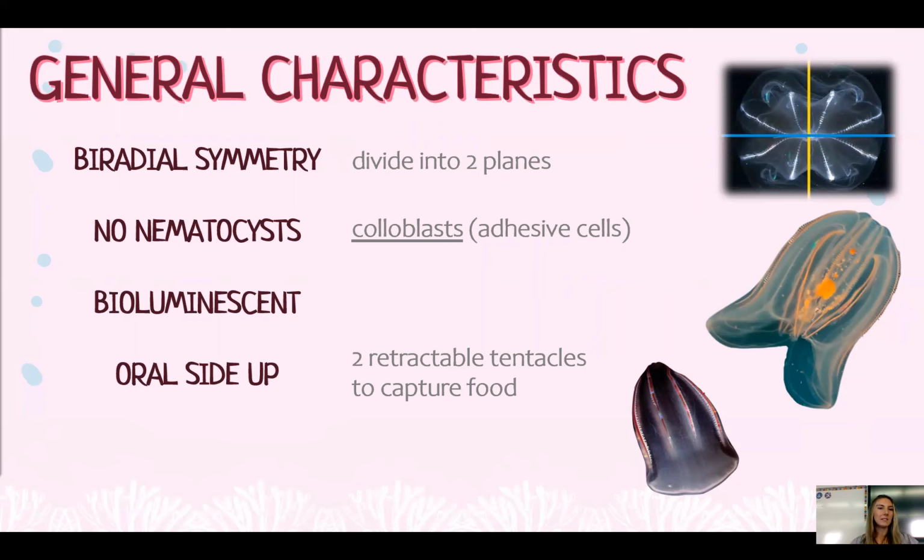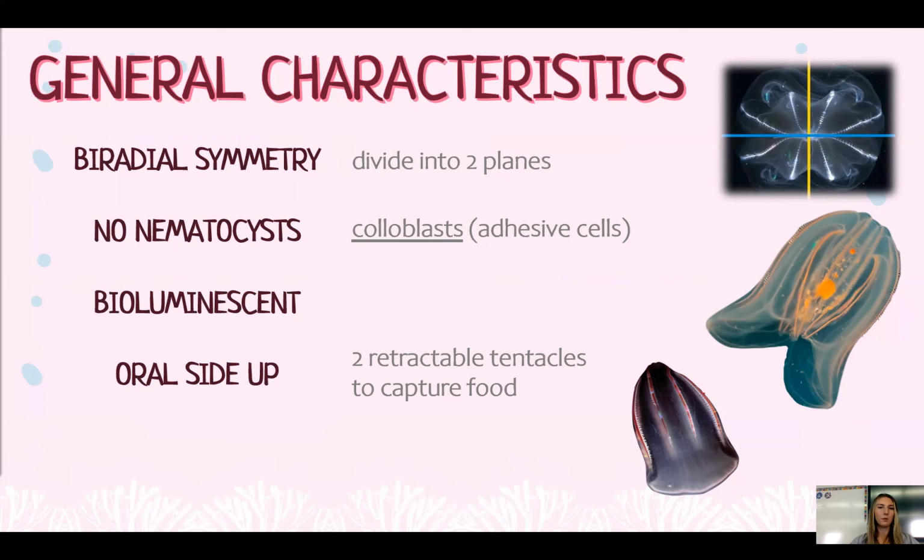Now they don't have any stinging cells. They have no nematocysts. They actually have something called a colloblast, which is an adhesive cell. They typically have 2 tentacles that are retractable, and those tentacles have colloblasts on them. They're like sticky cells that attach to their prey, and then they can bring them up to their mouth that's typically facing upwards when they're swimming.